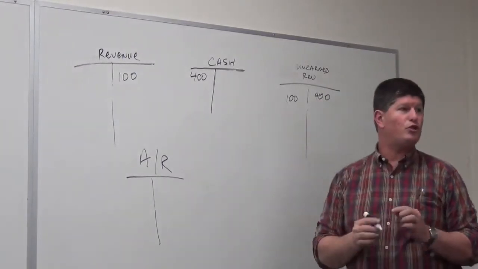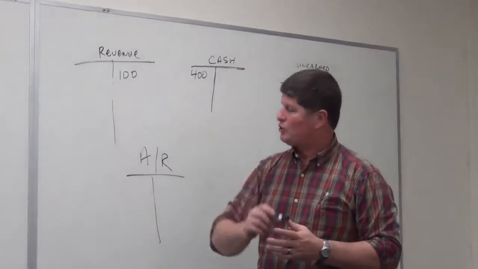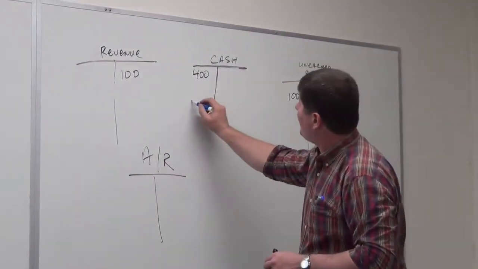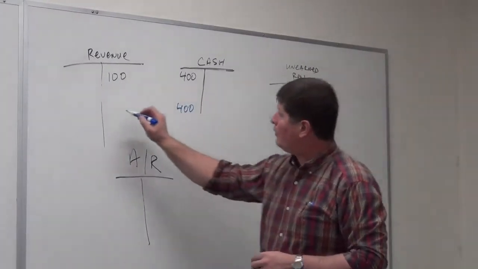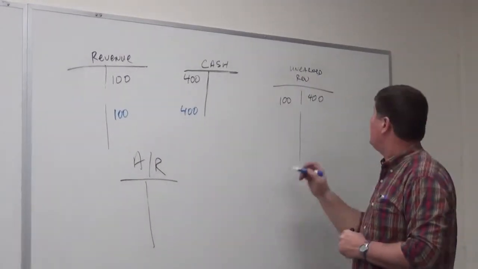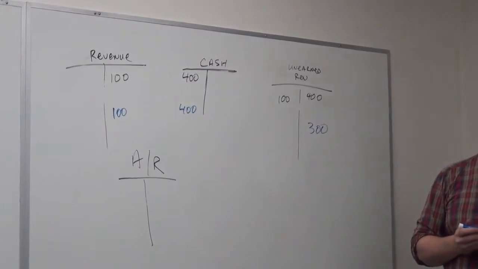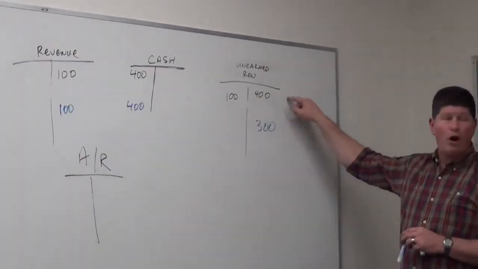So I just showed you the two steps of the same transaction. What they're doing is showing it to you as one step. Okay? We got $400 in cash. I earned $100 worth of revenue because I trained him a little bit. And I owe him the rest later. Well, they are recording it.